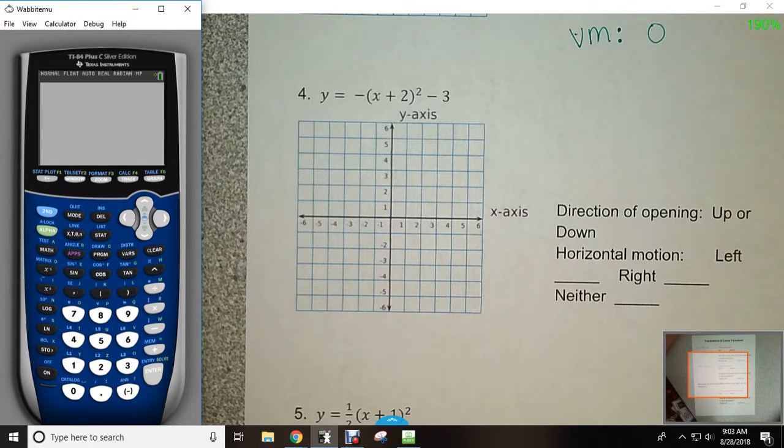All right, y equals negative parenthesis x plus 2, close my parenthesis, squared, minus 3. And then go ahead and graph it.